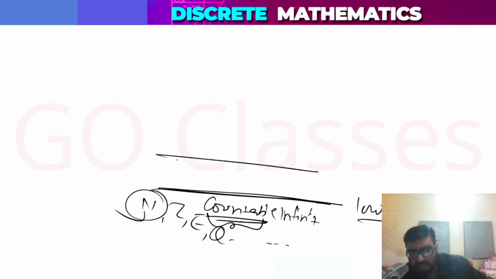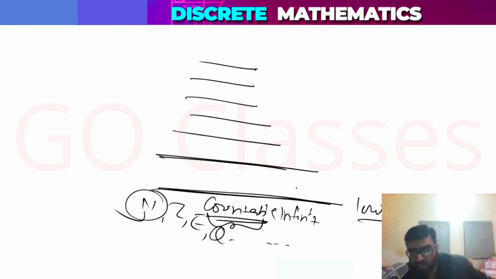After that we have higher levels of infinity. Remember, there are different levels of infinity. It's not just two levels, there are many different levels. For example, these are countable and all these are called uncountable. But remember, in the uncountable also we have different levels of infinity.